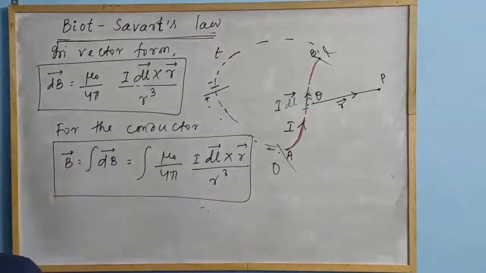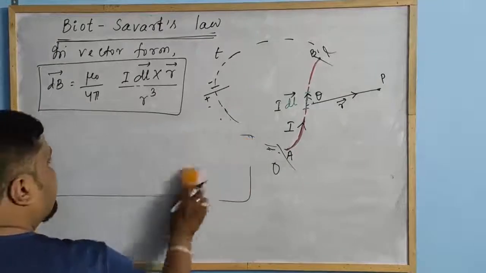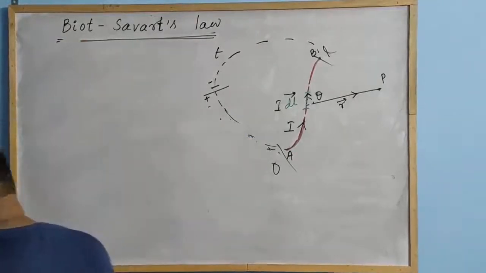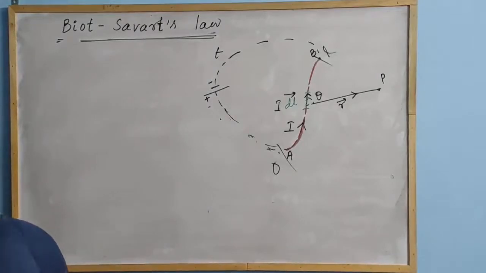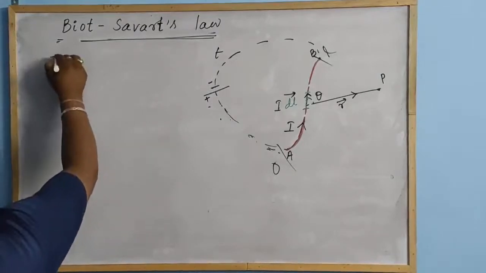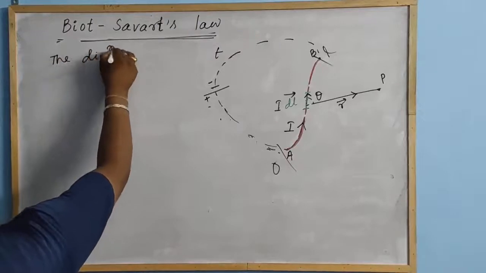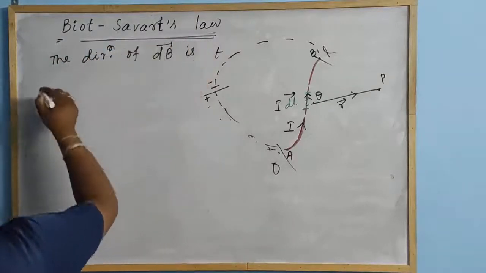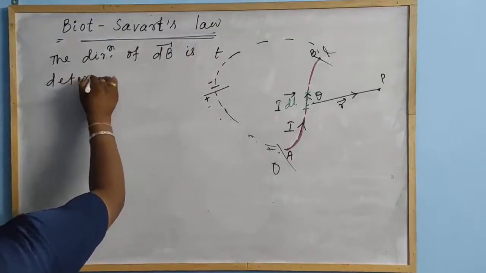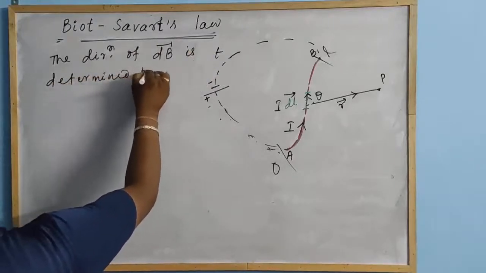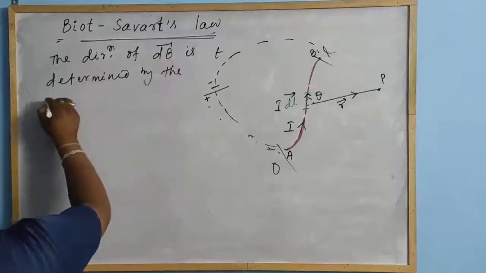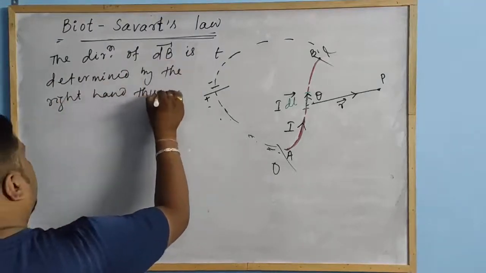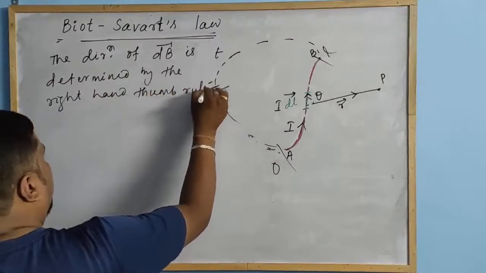Okay, how can we determine this? The direction of dB or B is determined by the right hand thumb rule or screw rule.